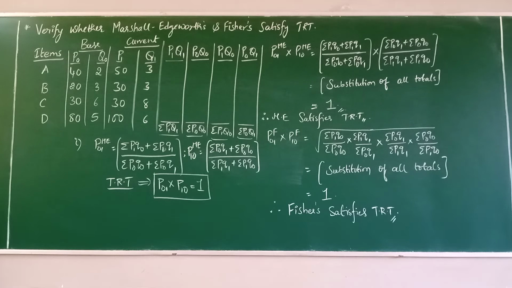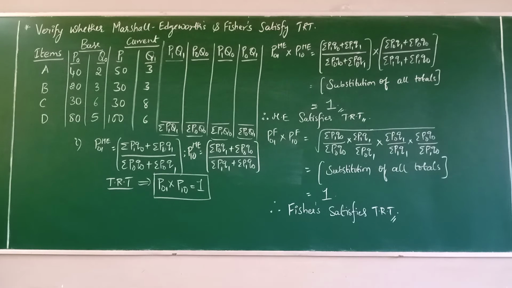Look at the formula: summation P1 Q0 by P0 Q0, into summation P1 Q1 by summation P0 Q1, multiplied by the time reversal P10. In Fisher's you have to apply time reversal: P0 Q1 by P1 Q1 into P0 Q0 by P1 Q0.